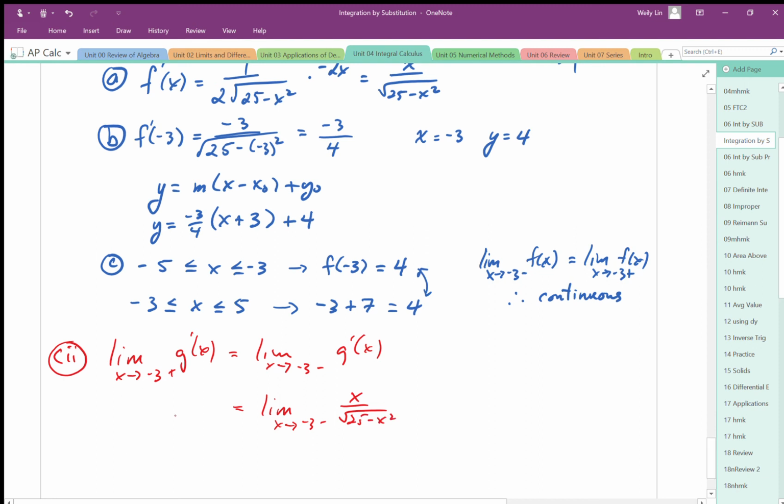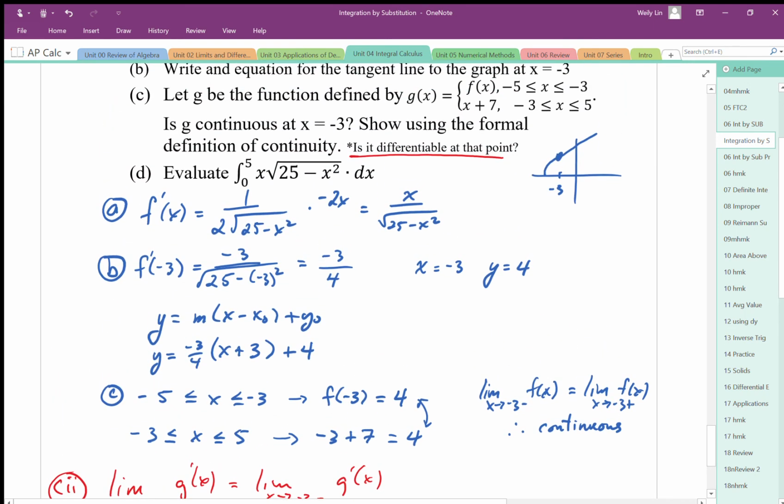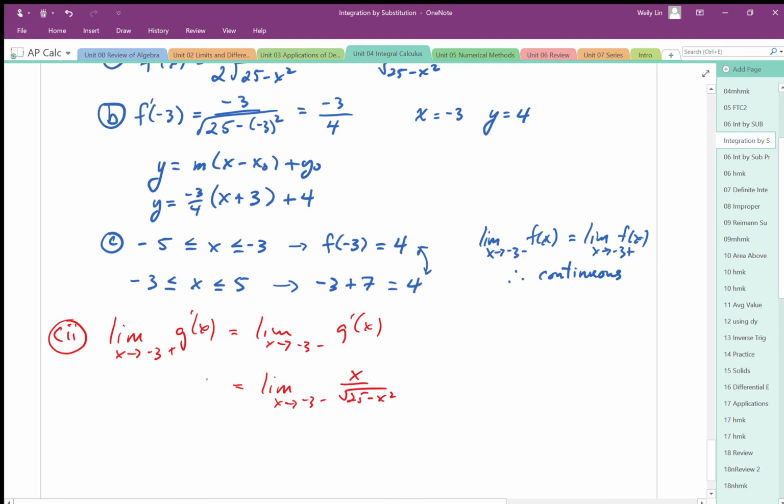We also need to test for the slope from the positive side, which represents the linear function. The linear function is easier to calculate because the slope is constant and equal to 1. So we're just going to say that limit is equal to 1, because it's always equal to 1.